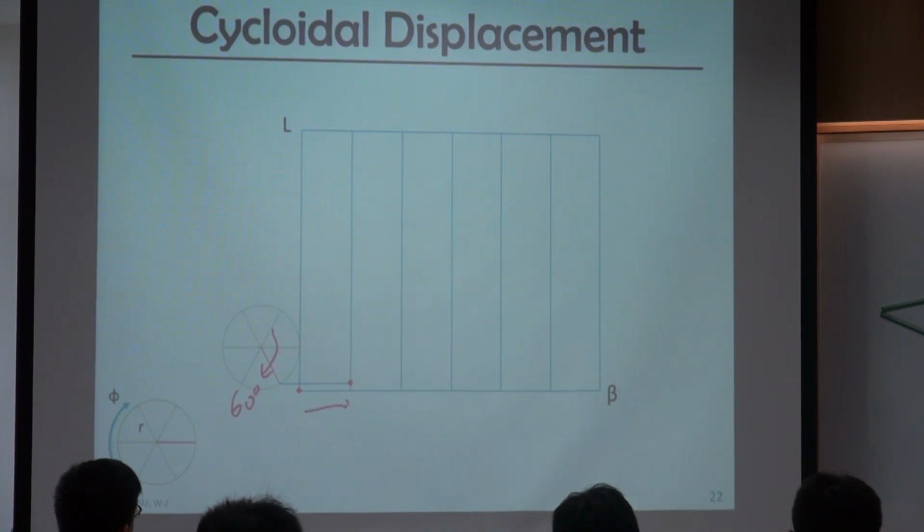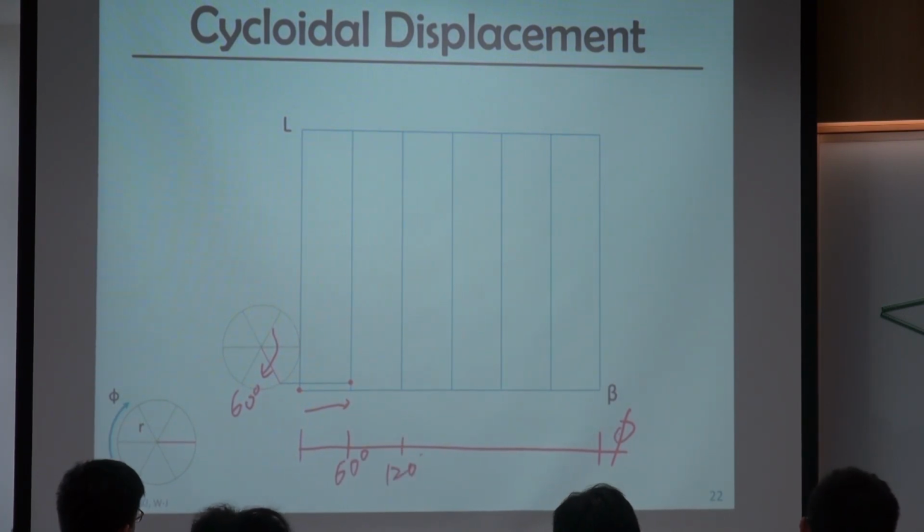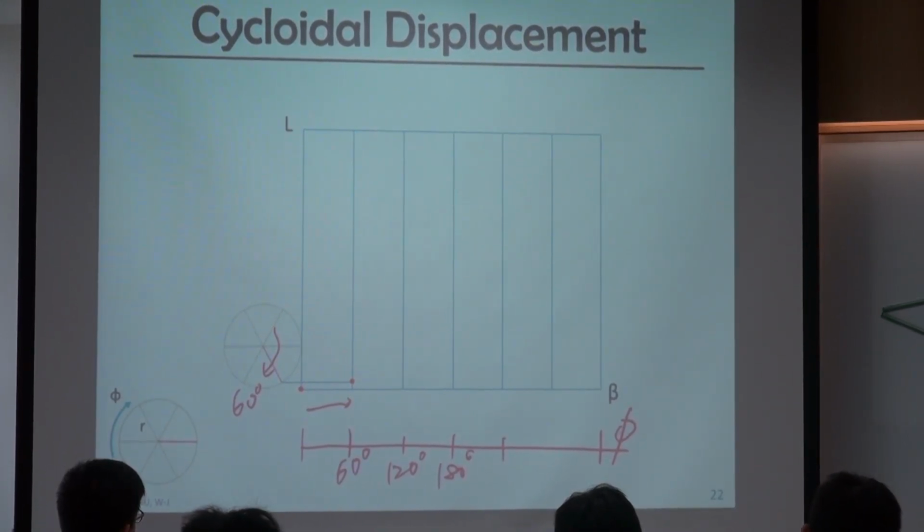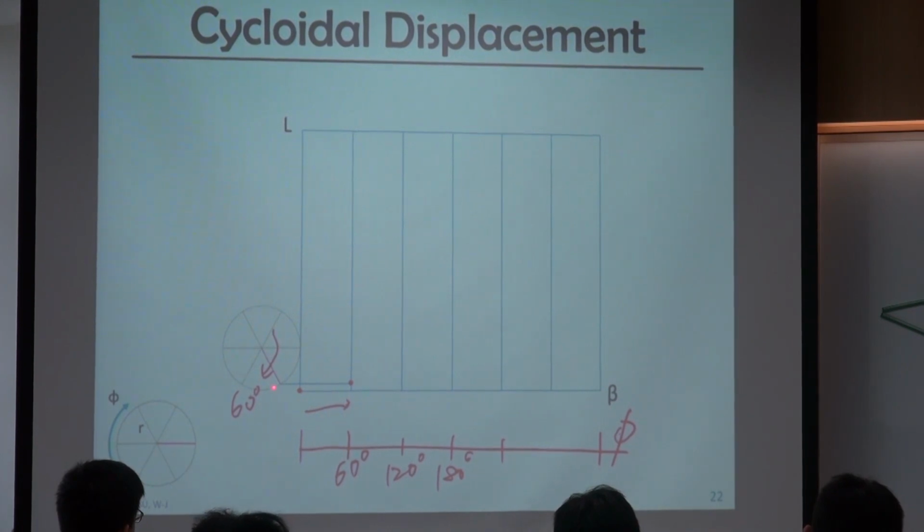And right now, if you take a look at the coordinate for phi, it is 60, 120, 180, etc. So right now I rotate it by 60 degrees, and I project this point to this vertical line.